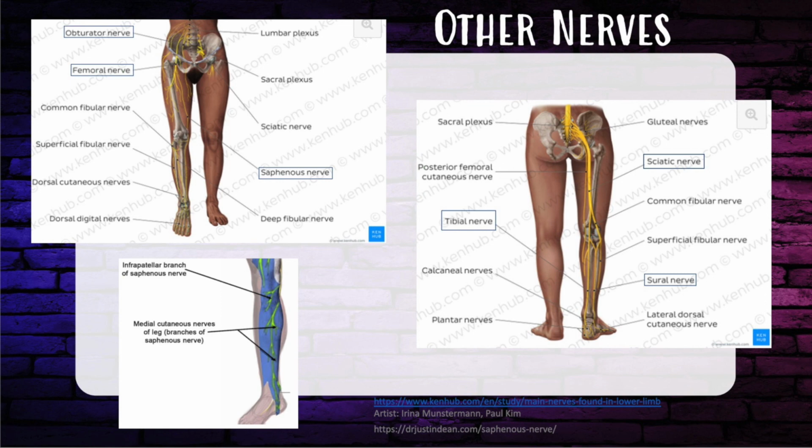This means it is responsible for plantar flexion of the foot. It is located posterior to the medial malleolus and is associated with the posterior tibial artery. The terminal branches are the medial and lateral plantar nerves and the calcaneal nerve, supplying the deep plantar muscles of the foot and sensation to the plantar surface of the foot. Again, important, it is the sensation to the plantar surface of the foot.